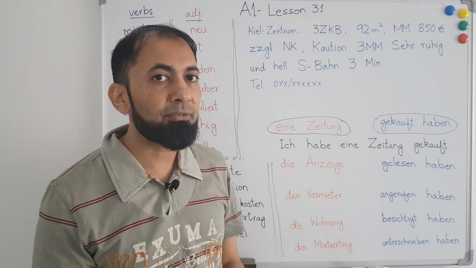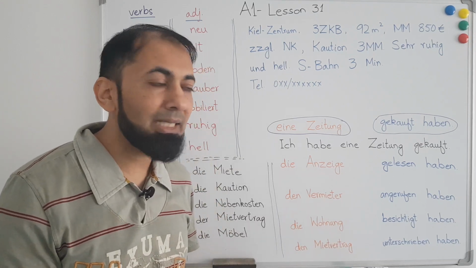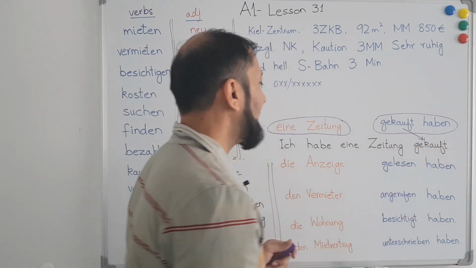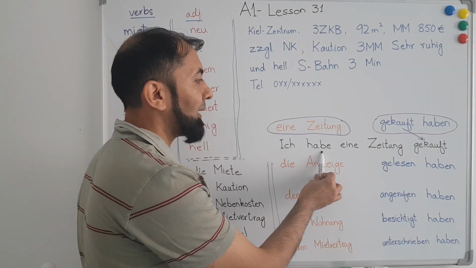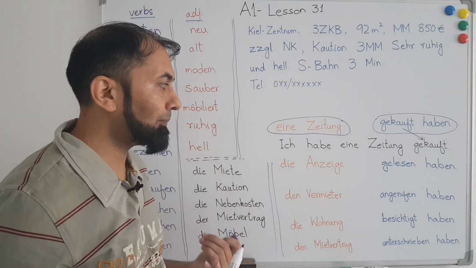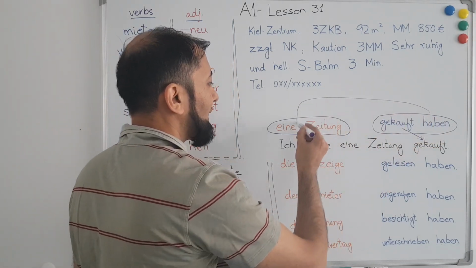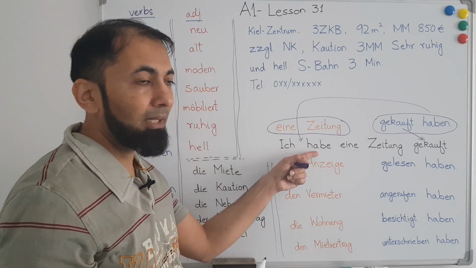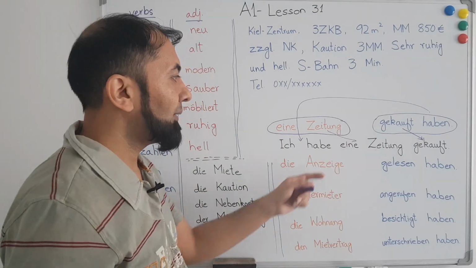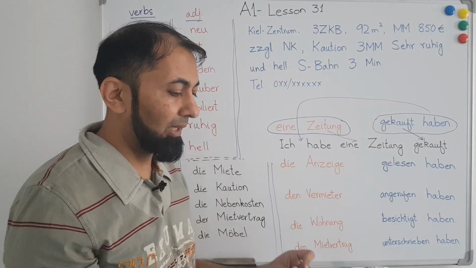And we know that in perfect tense the participle zwei form always comes at the end or the last position of the sentence. So gekauft will come at the end, and ich habe eine Zeitung gekauft. Now ich, because I am the personal pronoun or the subject, I will conjugate haben with respect to ich and it will become habe. Then comes the object, which is die Zeitung, and at the last position the participle zwei will come.